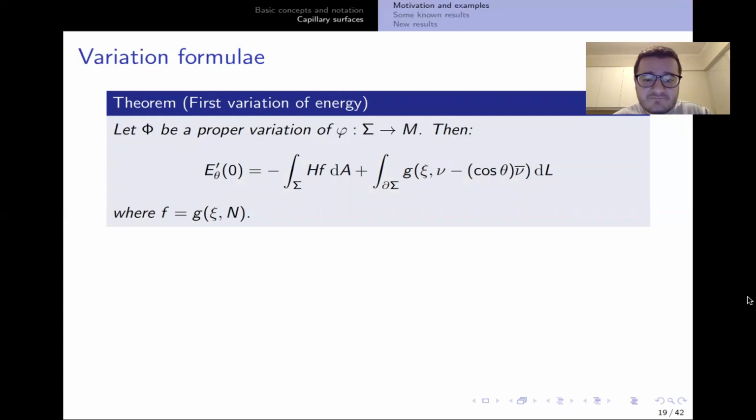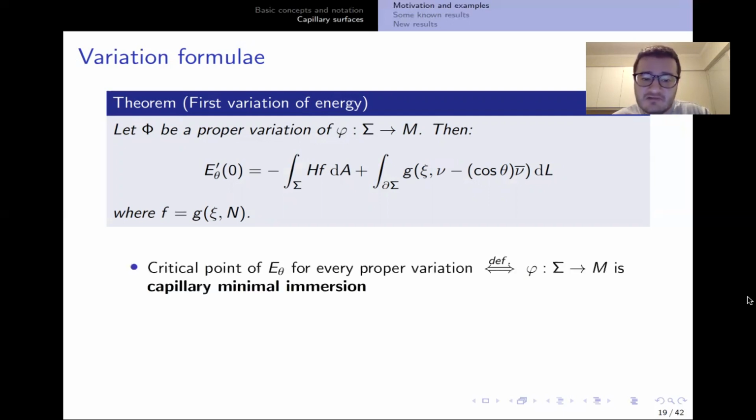It involves the mean curvature H of the immersion, the variational vector field psi, those fundamental vector fields I presented before, nu and nu bar, and also F, which is the normal component of the variational vector field. So if you have a closer look, a critical point of this energy functional for every proper variation, we define it to be a capillary minimal immersion.